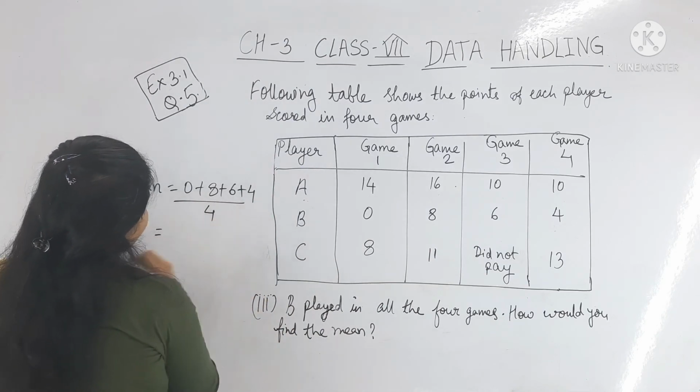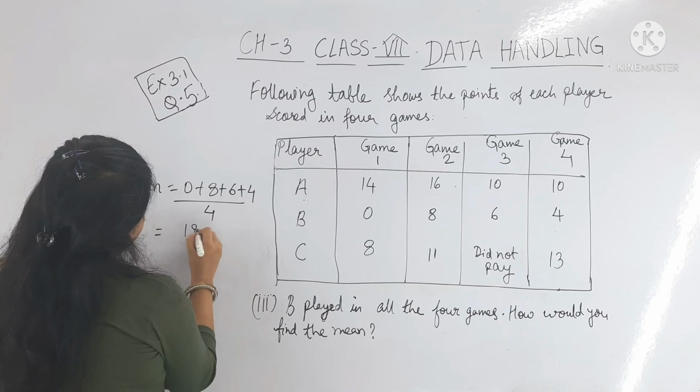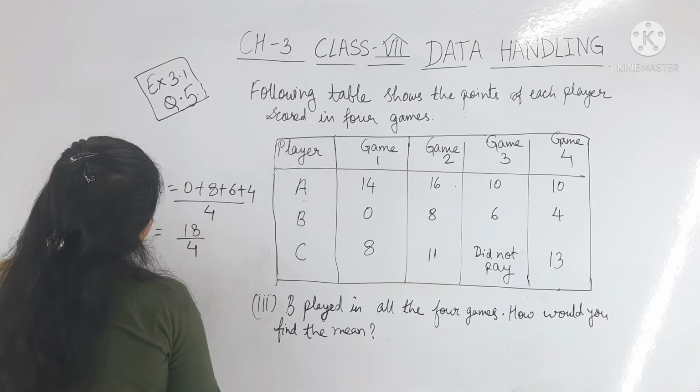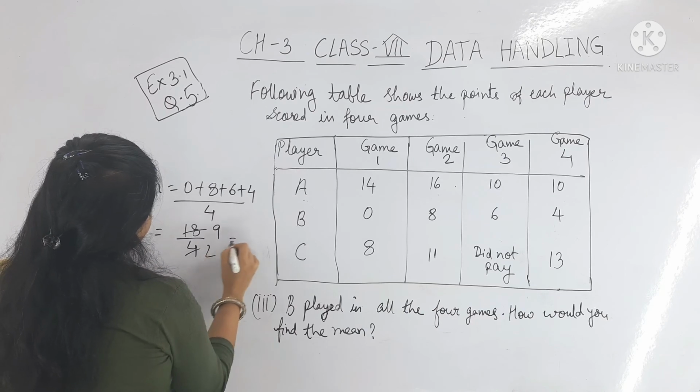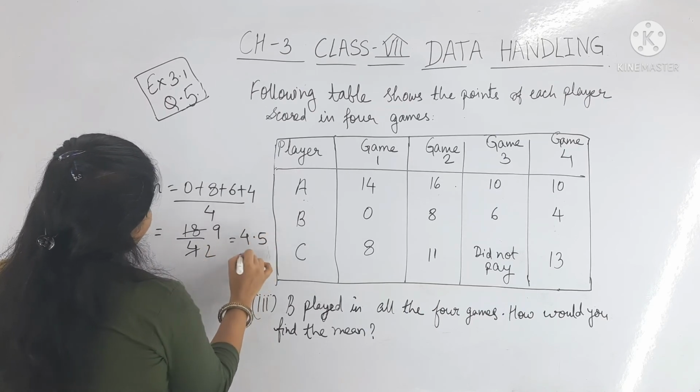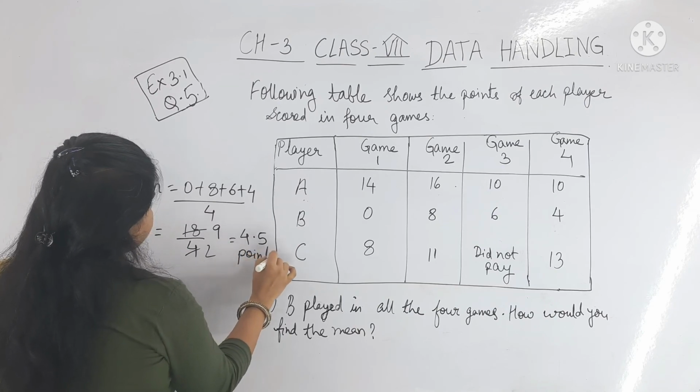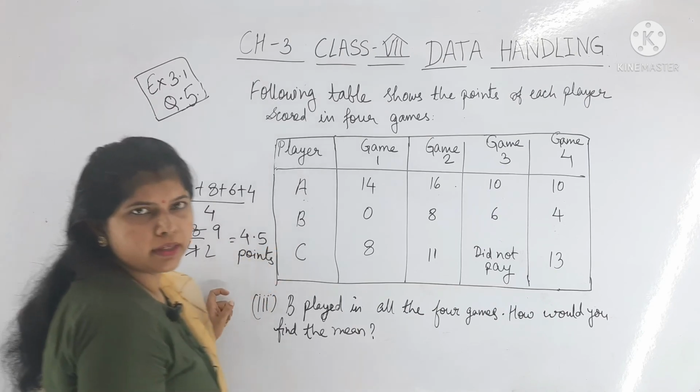So 6 plus 4 is 10, 10 plus 8 is 18, 2 2s are 4, 2 9s are 18. So I am getting here 2 4s are 8 and 1, 10, 2 5s are 10, 4.5 points. So this is the mean of B.